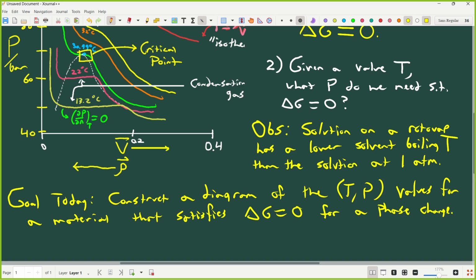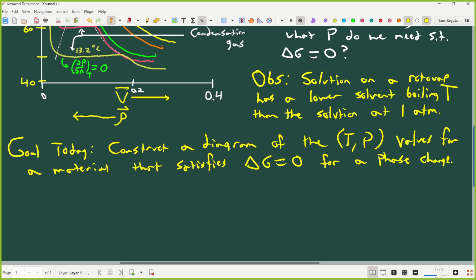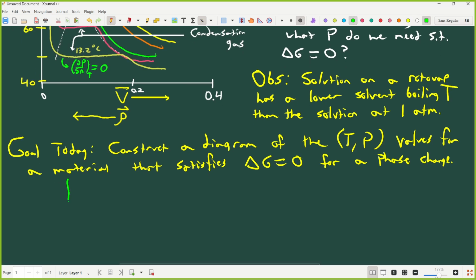How does that curve, the boiling point or the melting point, move as a function of pressure and temperature? The term for this kind of diagram, very self-explanatory, you've probably seen them before, is a phase diagram.